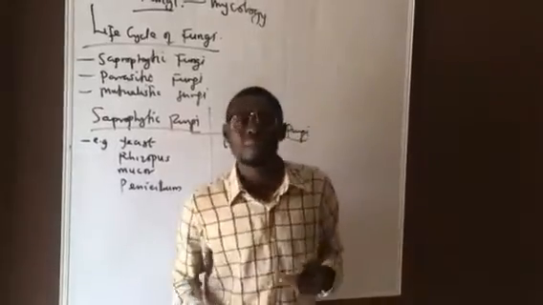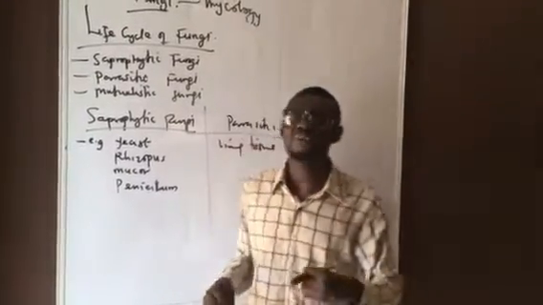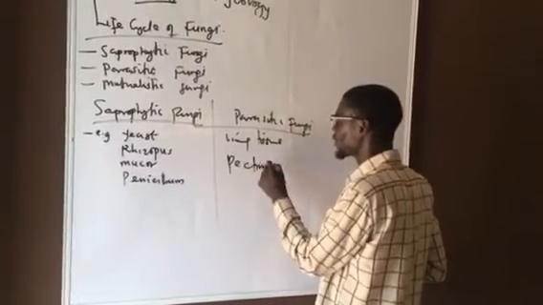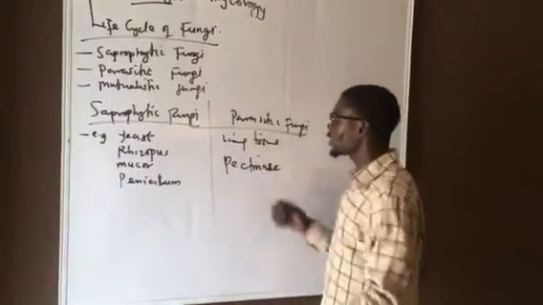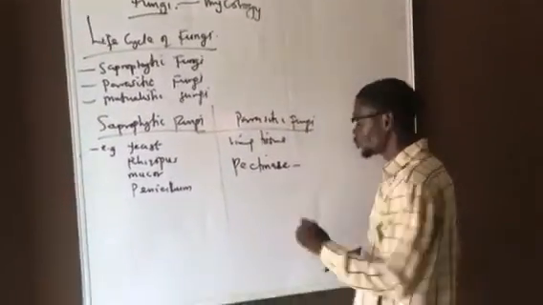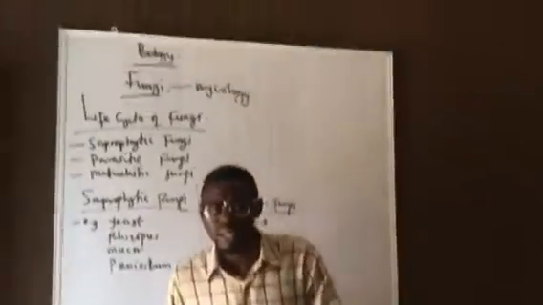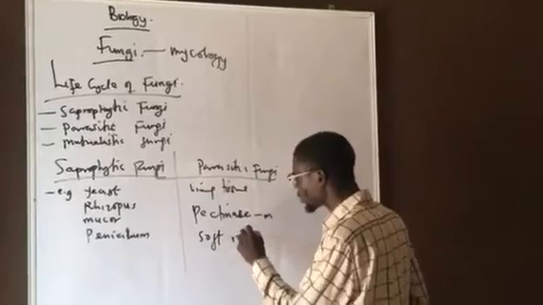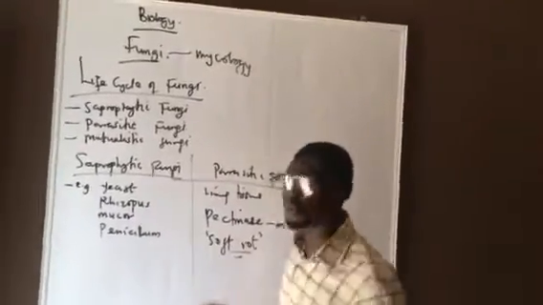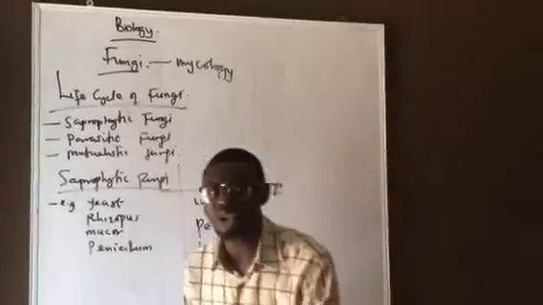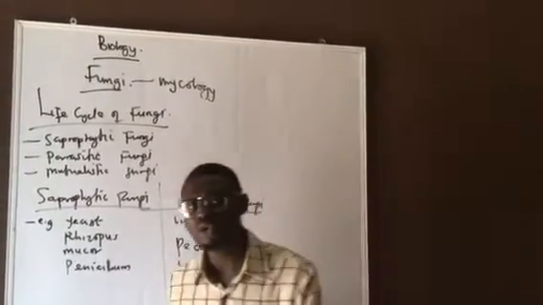When we talk about parasitic fungi, some parasites like the facultative fungi also secrete the enzyme pectinase. These enzymes digest the middle lamella of the plant tissue, because they affect plants. So they cause soft rot in the plant tissue. When they secrete this enzyme, the enzyme will digest the plant tissue, thereby causing disease to the plant.